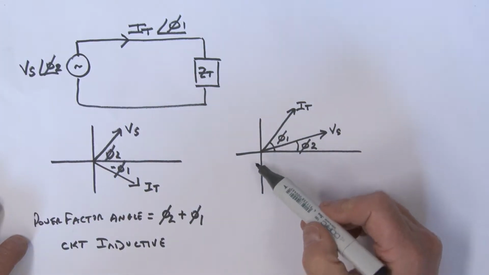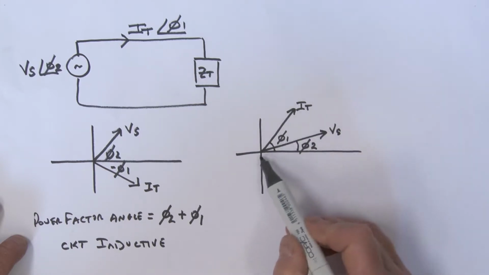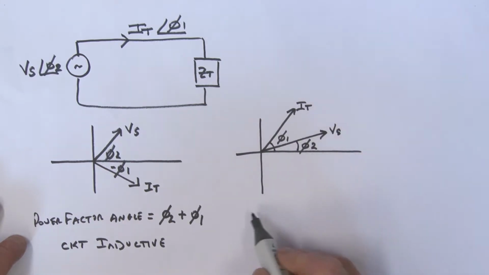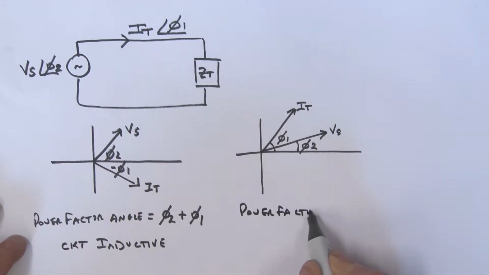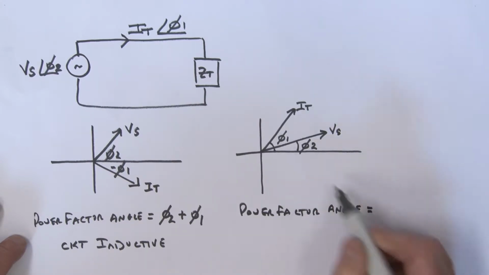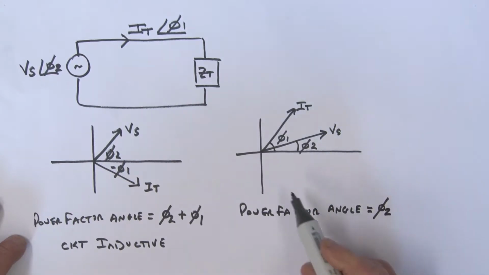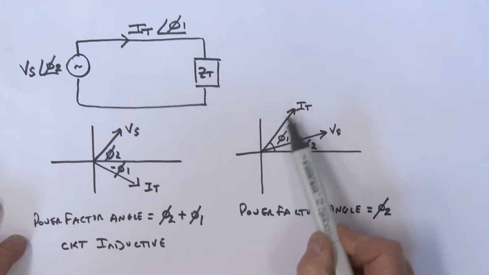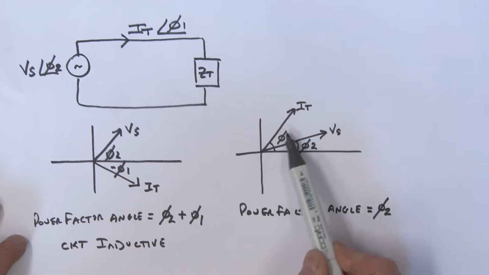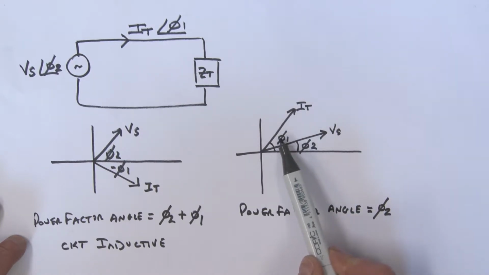All right, another possible case. Here we've got It actually leading the voltage, so we can say that the power factor angle is equal to phi 2. And of course, when you take the complex conjugate of that current, the sign of the angle changes, it becomes a minus, does it not?